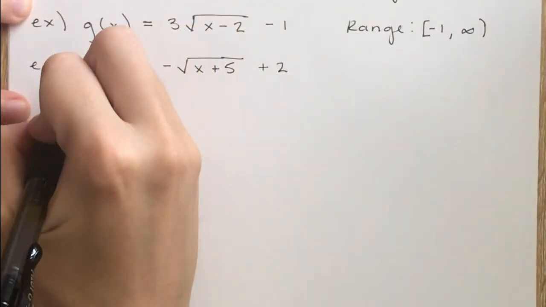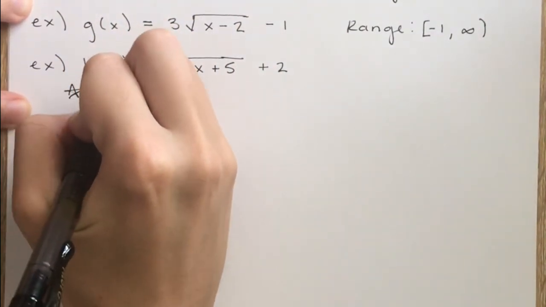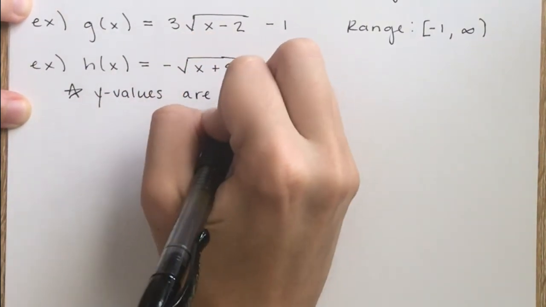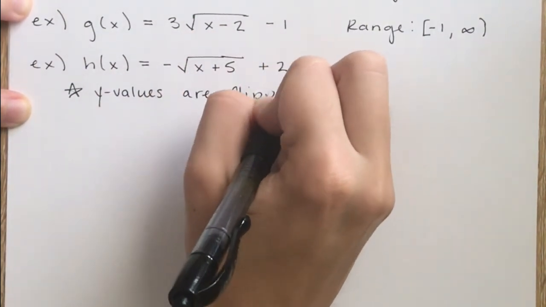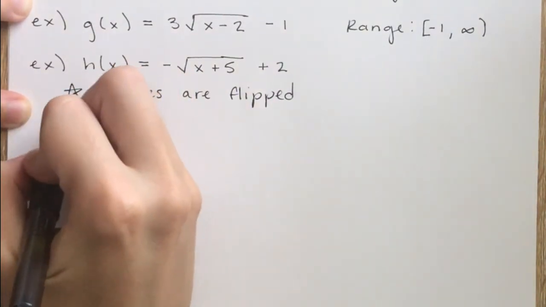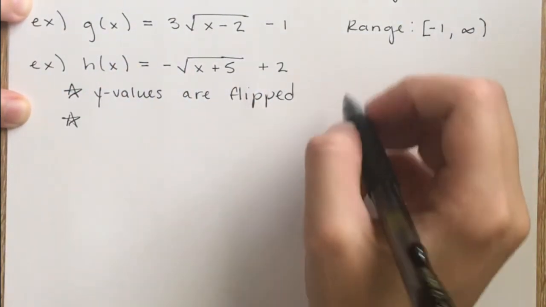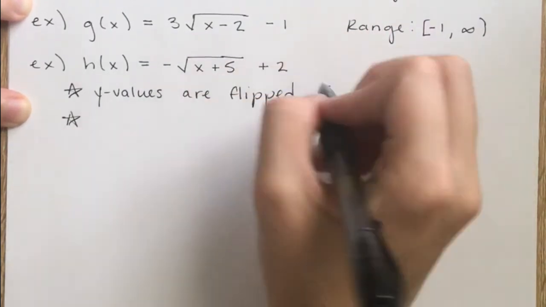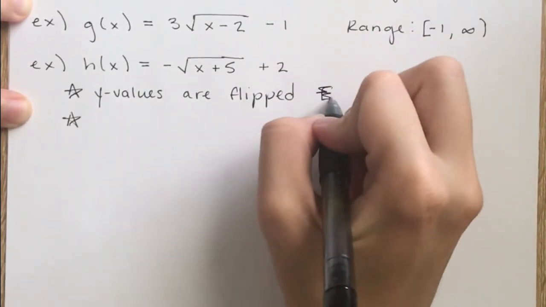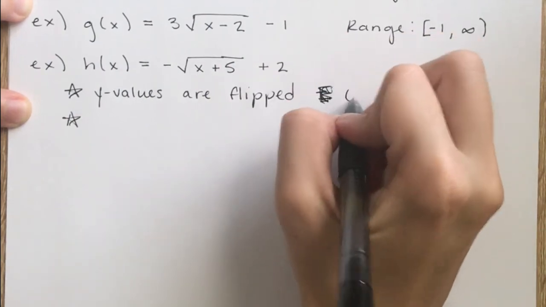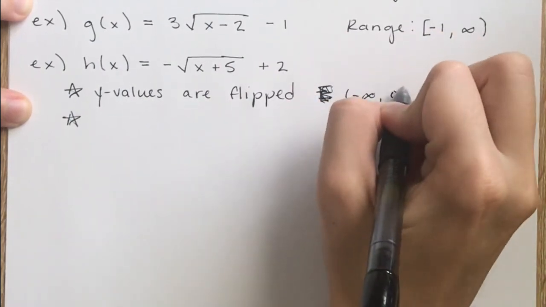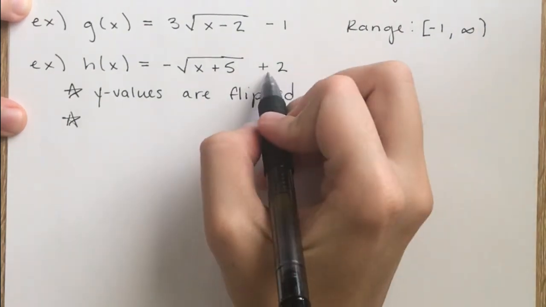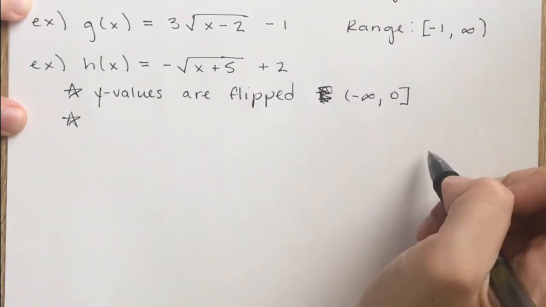So y values are flipped. And then what happens? We kind of have this intermediate, because we're not done: new range of negative infinity to 0, and then we shift up by 2.